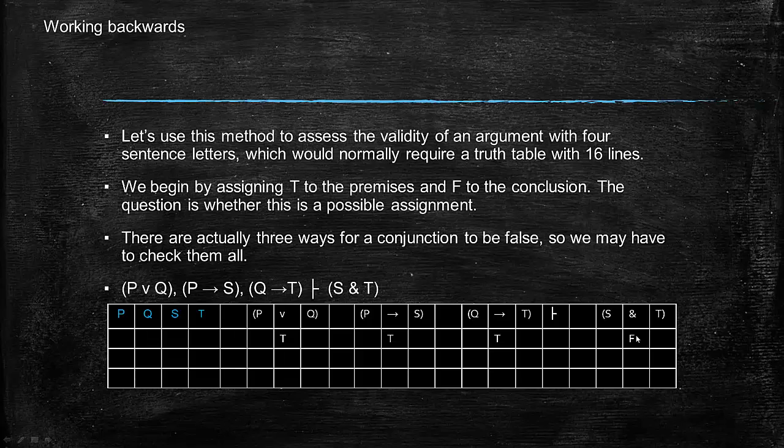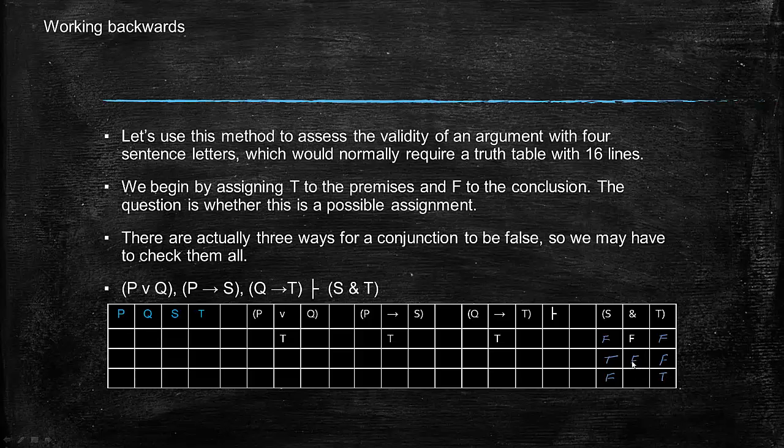Now what you can ask yourself is, how many ways can a conjunction be false? The answer is that it can be false 3 ways. It can be false, false. It can be true, false. And it can be false, true.